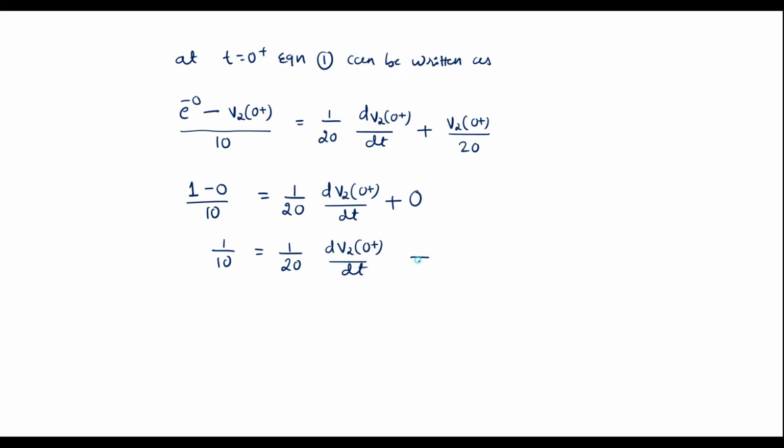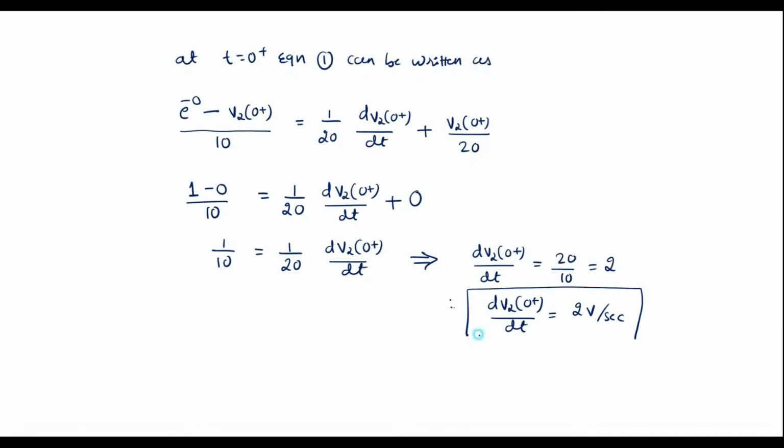Therefore, dV2 of 0 plus by dt is equal to 20 by 10, which is equal to 2. So dV2 of 0 plus by dt is equal to 2 volts per second. This is the first derivative of V2 at 0 plus.